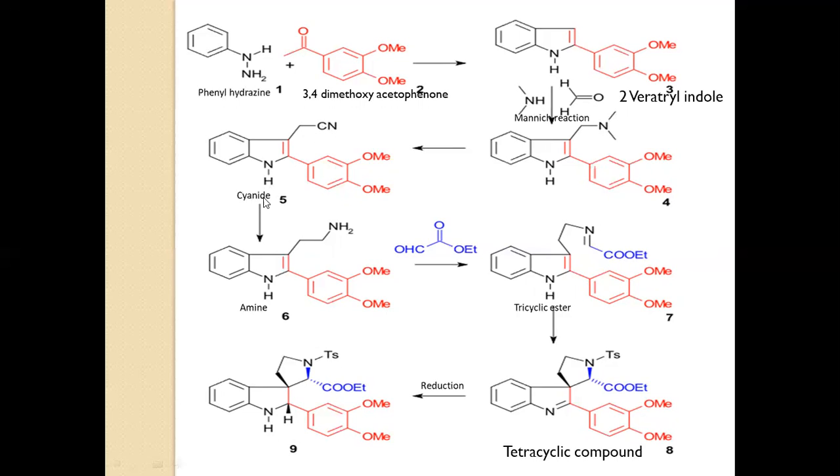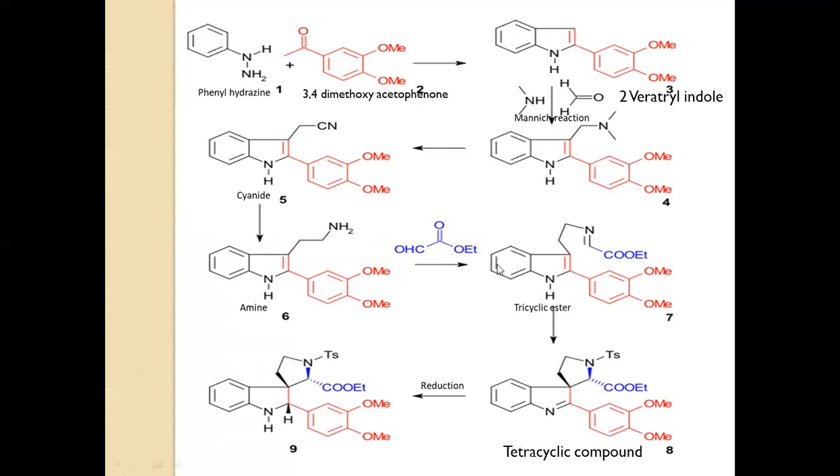So a cyanide is formed. Then this cyanide further undergoes reduction to form the amine. There is a triple bond between carbon and nitrogen. The triple bond is reduced. Automatically, carbon adds the hydrogens and nitrogen also adds the hydrogens. An amine group is formed.